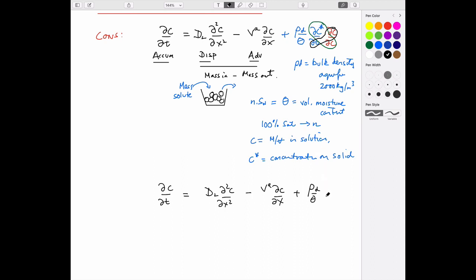So I'm going to write dC star over dC, the term that was in this part here, and then multiply it by the term that is present in the rest of the expression.